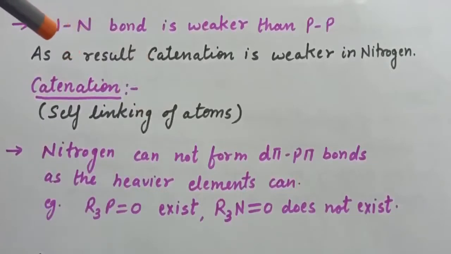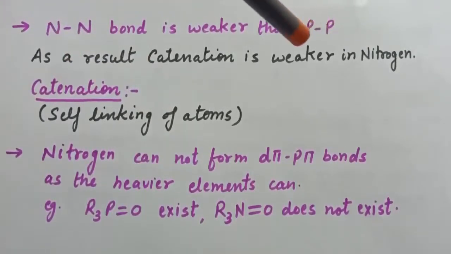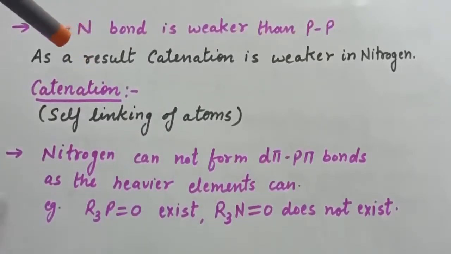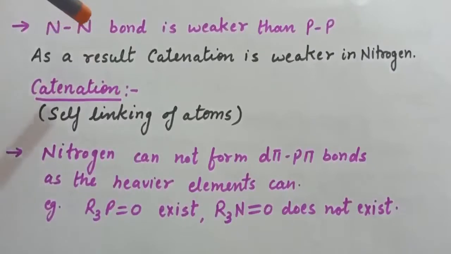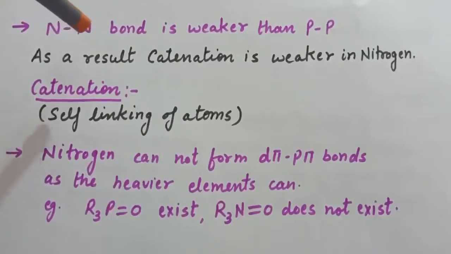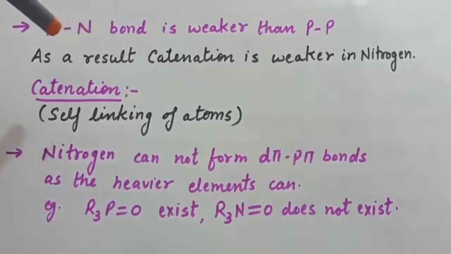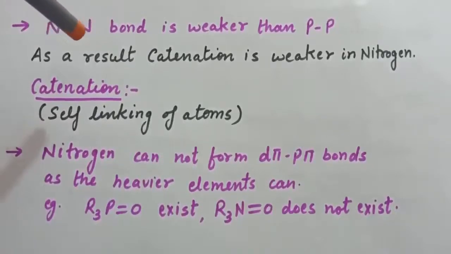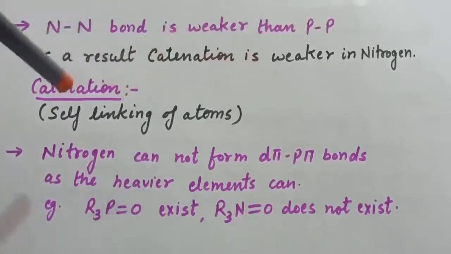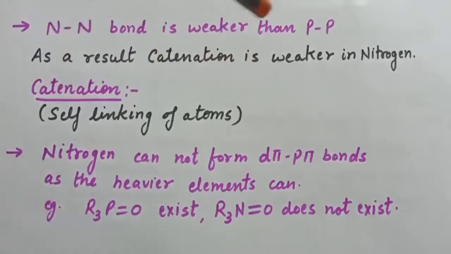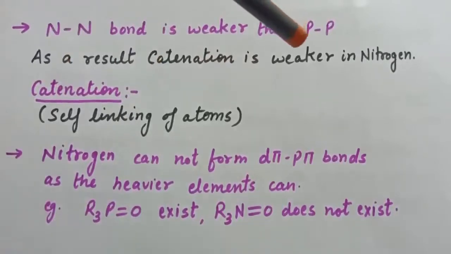Similarly, in group 15, phosphorus has higher catenation power as compared to nitrogen, because in case of nitrogen single bond nitrogen, the repulsion is more because of small size of nitrogen. That is why this nitrogen single bond is weaker as compared to phosphorus, and the catenation in nitrogen is less as compared to the other elements of this group.